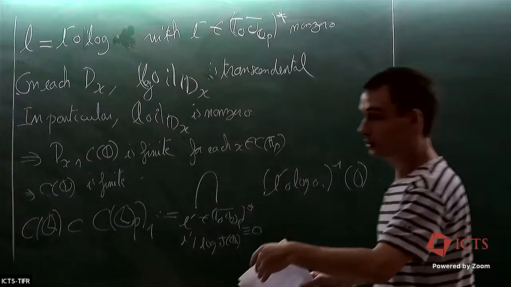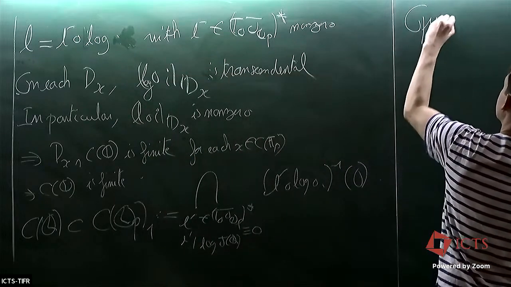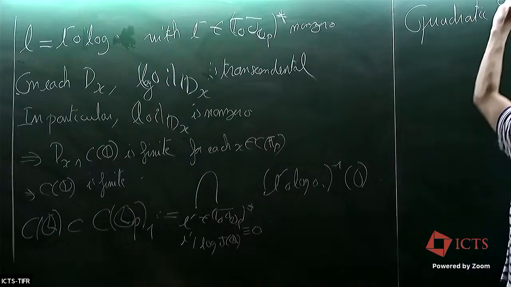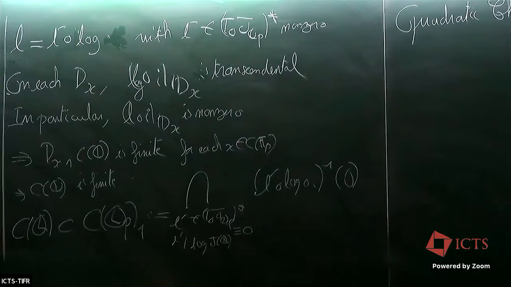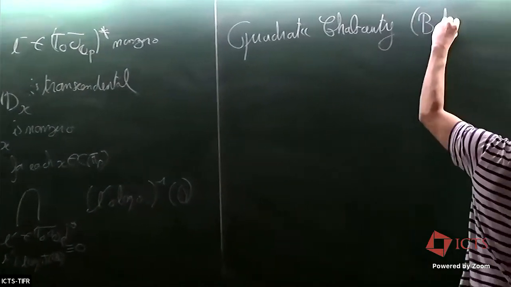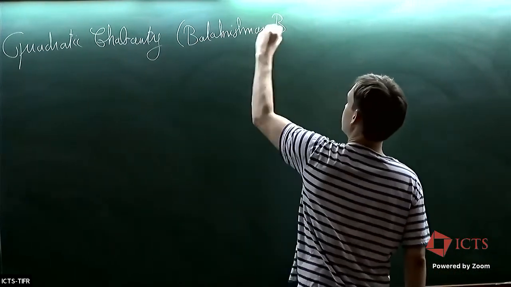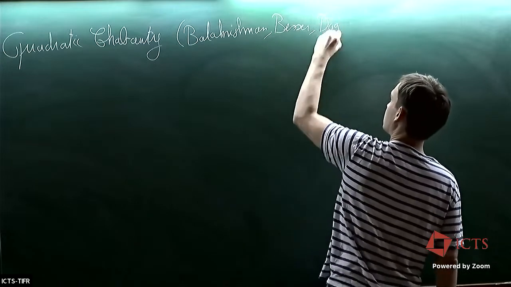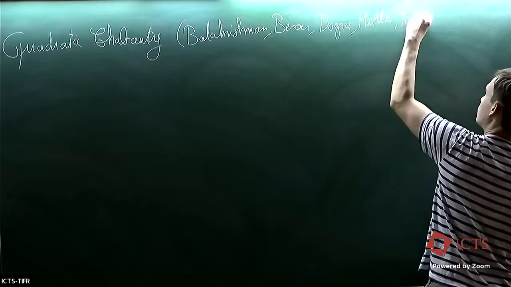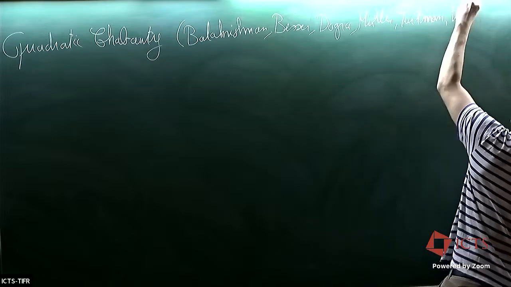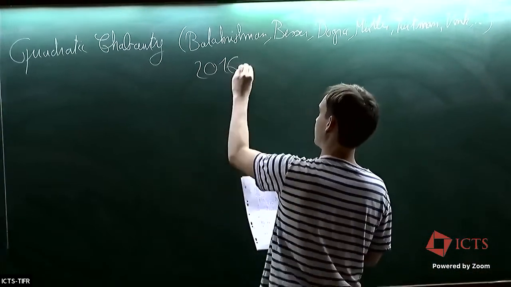But now I want to compare with the second method. Much more recent, quadratic Chabauty, which is due to many co-authors. I hope I'm not forgetting anyone who's been involved in the method, but basically, we find Balakrishnan, Besser, Dogra, Müller, Wittmann, Vonk, and others. I think it started in 2016, later.